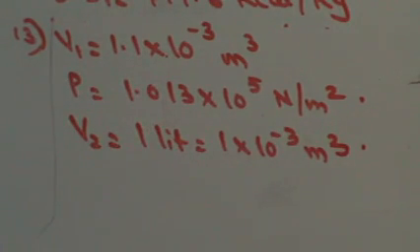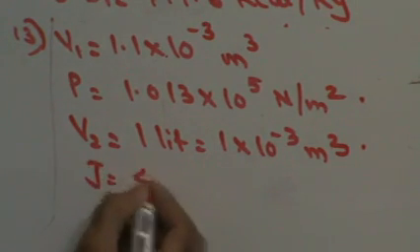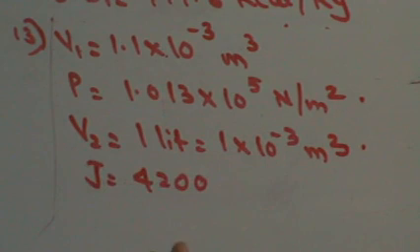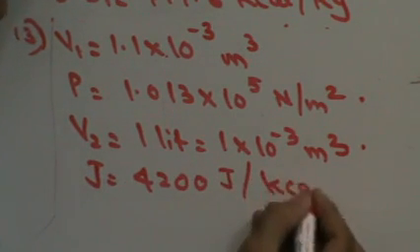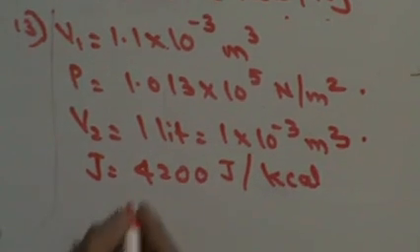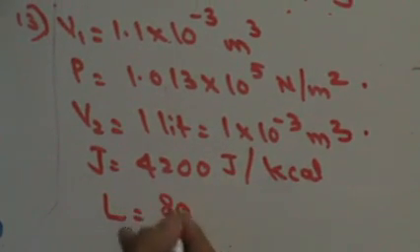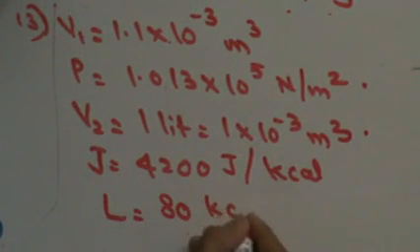Calculate the internal and external latent heat of ice if J is 4200 joules per kilocalorie and latent heat of ice is 80 kilocalories per kg.